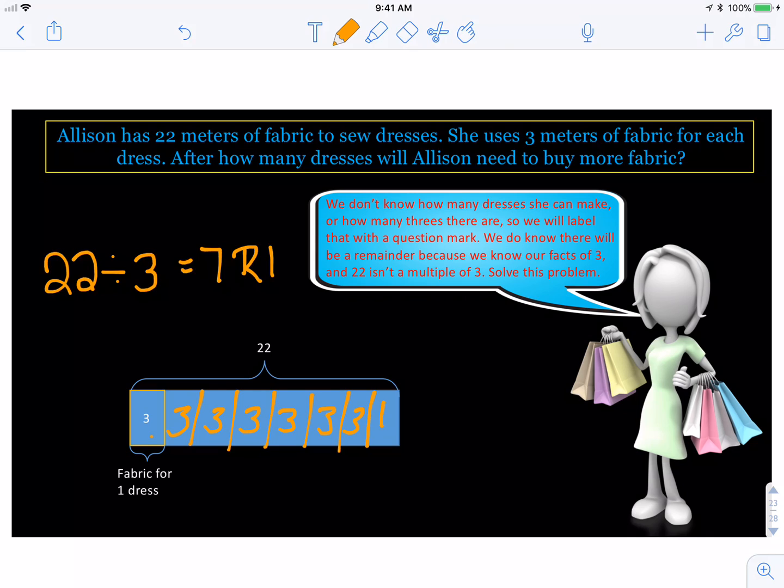So the question is, after how many dresses will Allison need to buy more fabric? Allison is going to have to buy them after 7 dresses because she can only make 1 with what she has left.